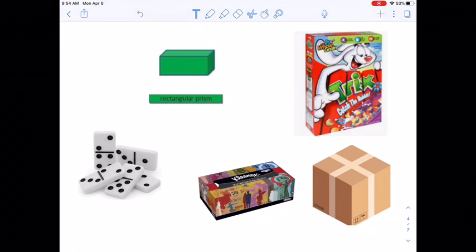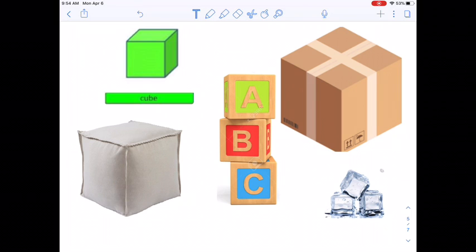Let's see what that means for cubes. Did you notice that the box is on the cube page and on the rectangular prism page? Do you remember why? Do you remember that a cube is a special kind of rectangular prism? The only difference is a cube, all of the faces have to be the exact same size.